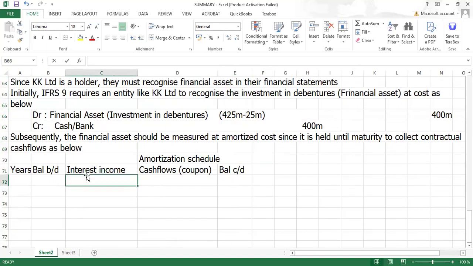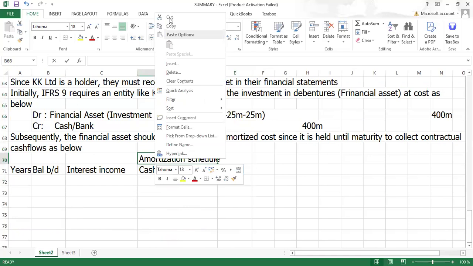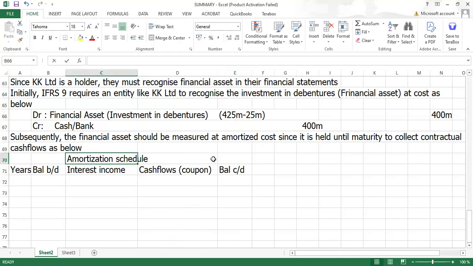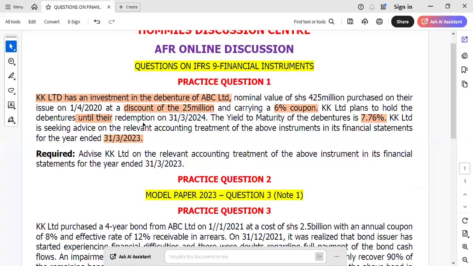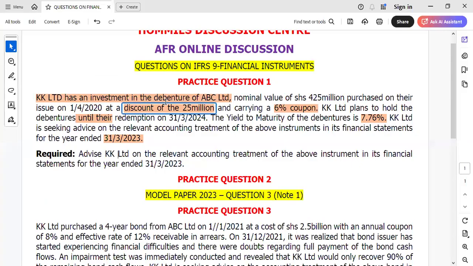Okay, so you can keep your figures in shillings in million, so that we save time. We made the investment on 1st April 2020.